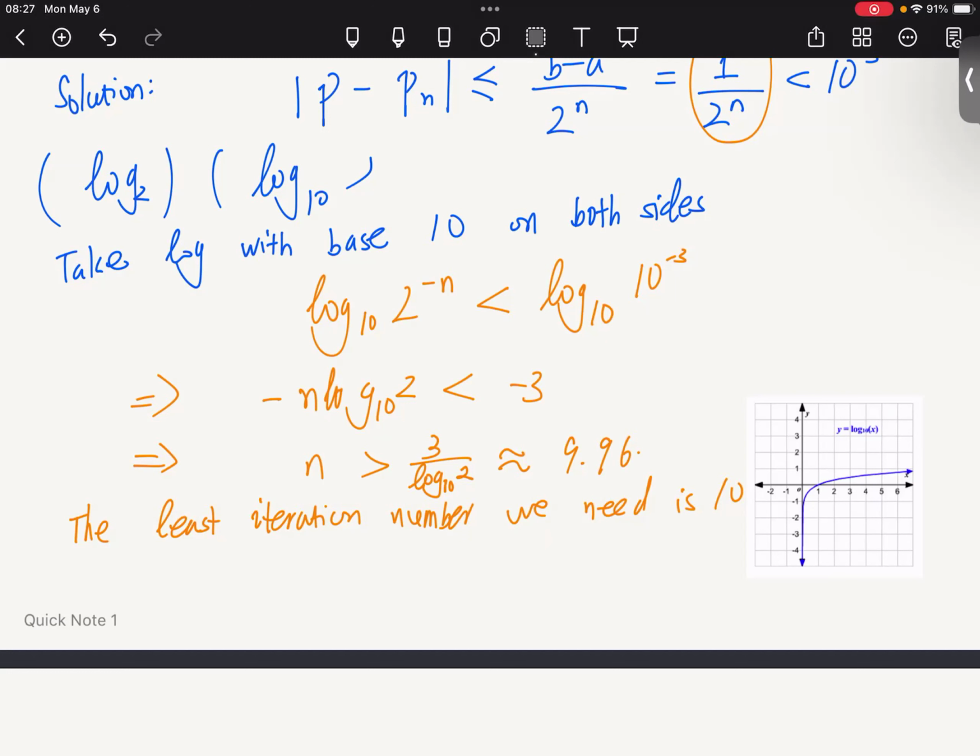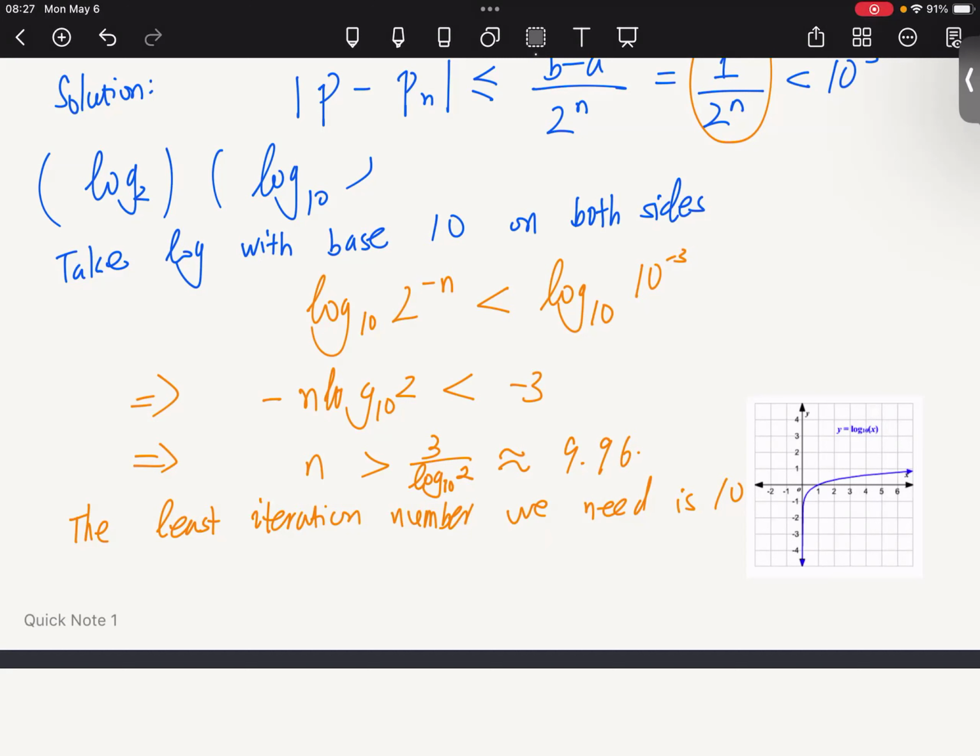This is because this function is an increasing function. So we keep the same order here. This number is smaller than this number, and when we take a logarithm, it is still smaller.